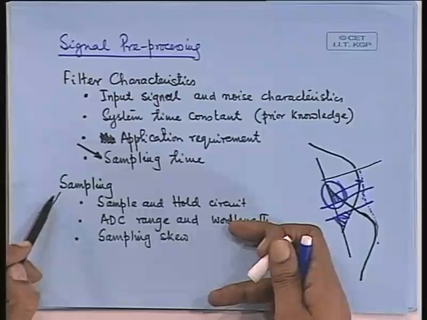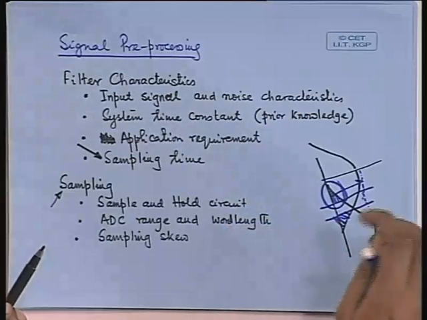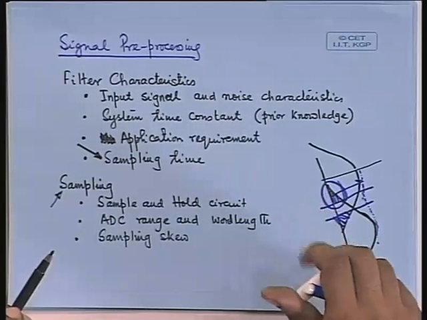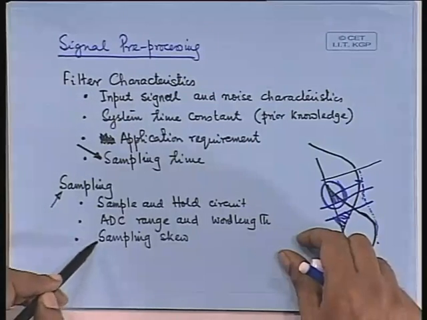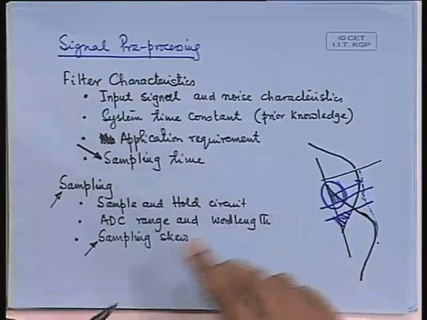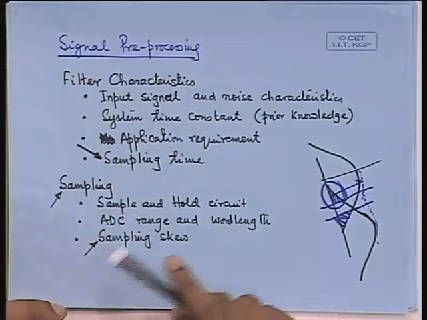Similarly, if you're trying to design your sampler, there are certain things you need to think about. For example, you need to think about your sampling skew. Typically, your sampler is sampling channel 1, channel 2, channel 3, channel 4.